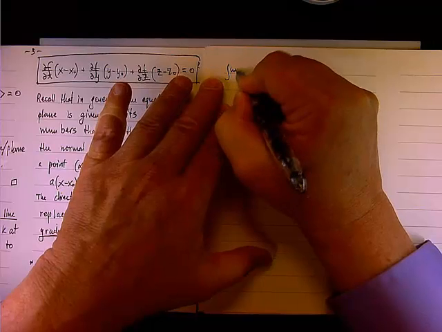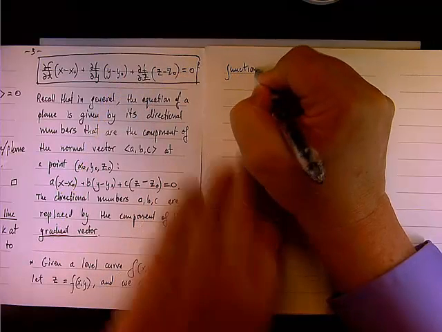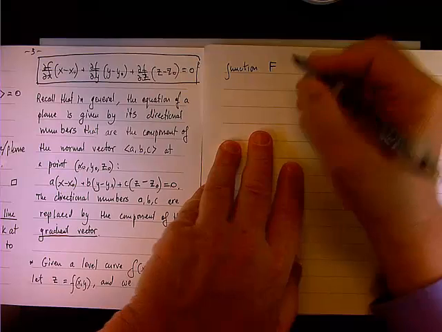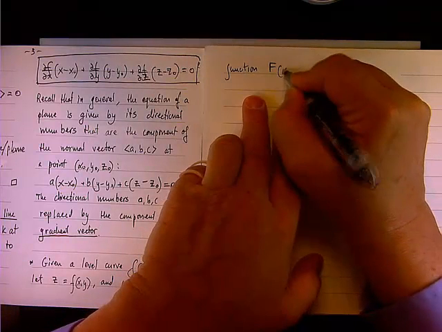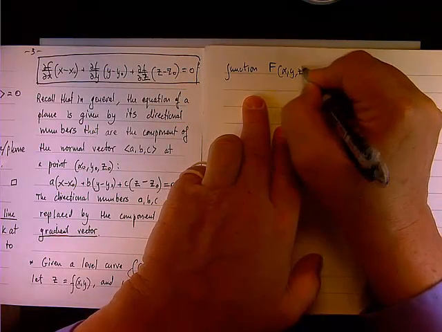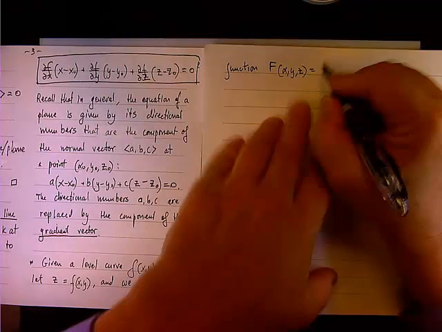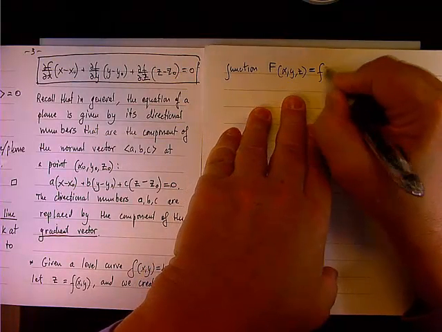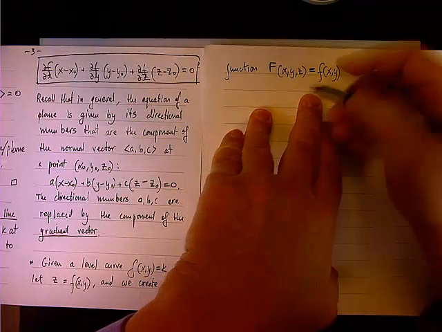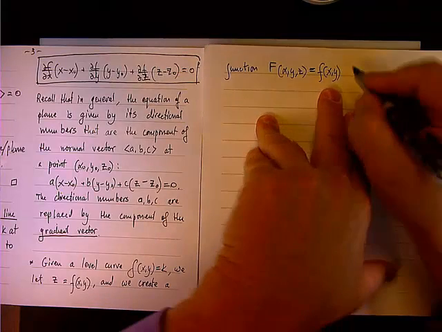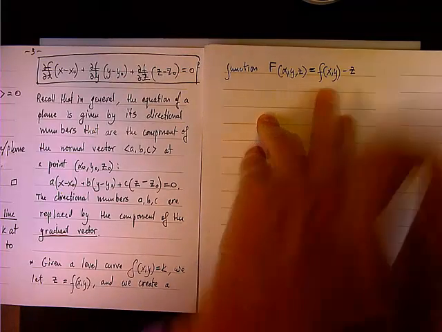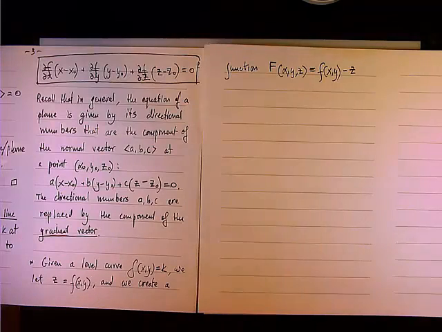we create a function uppercase F of x, y, z, and what we'll do, we'll write f of x, y minus z.